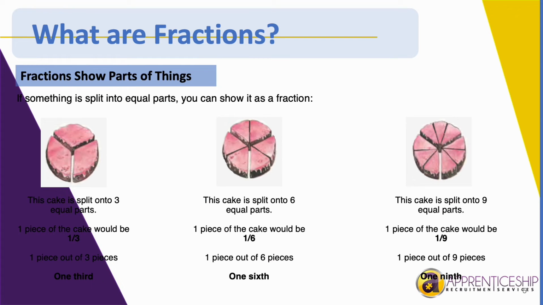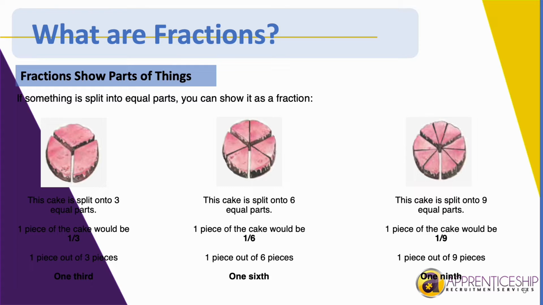Again, fractions are parts. These are all different fractions. The cake is split into 3, so the bottom number, the denominator, would be 3. If you ate one piece of cake, that would be on the top. So it would be 1 over 3, which is also known as a third. If it's split into 6, again, the denominator would be 6, and the top number would be however many pieces of cake you ate.